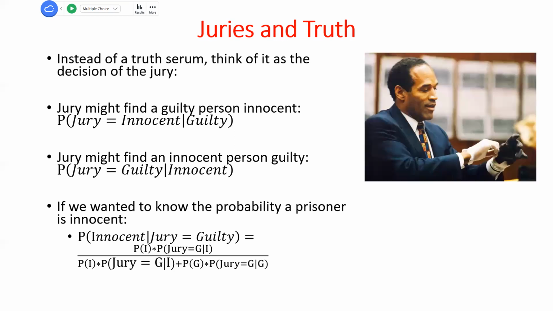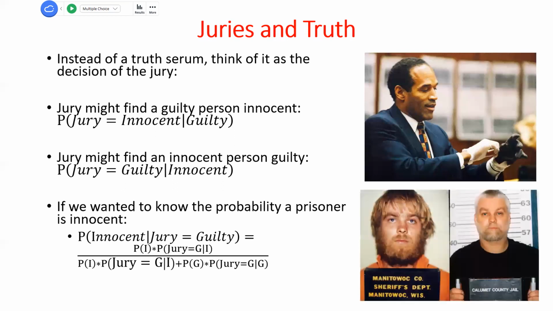So people have done this now, and given that someone's guilty, the probability the jury finds them innocent, and given that someone's innocent, the jury finds them guilty. This is an actual practical application of Bayes' theorem. We can really only do this now because you can go back and look at overturned cases, and so you know the actual underlying state of nature. It's difficult to know how many innocent people are in jail if you can't do that.